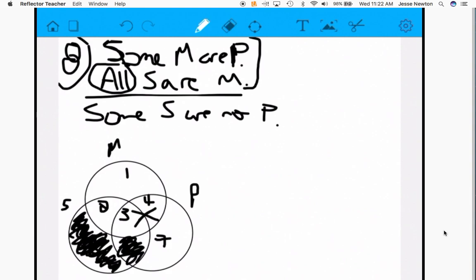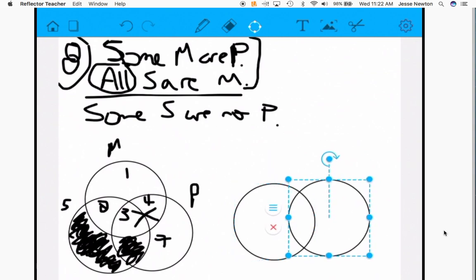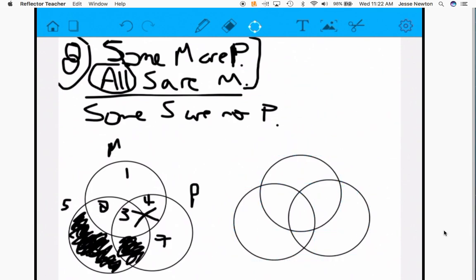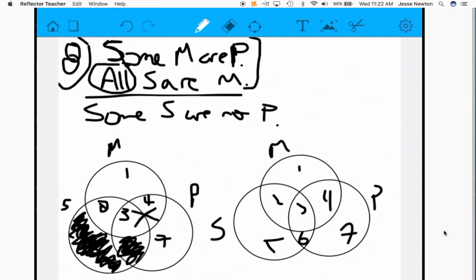Now, we diagram the conclusion. Just like before, we get our 3 circles, S, P, and M, and number the regions 1 through 7. Some S are not P. So S is regions 2, 3, 5, and 6.